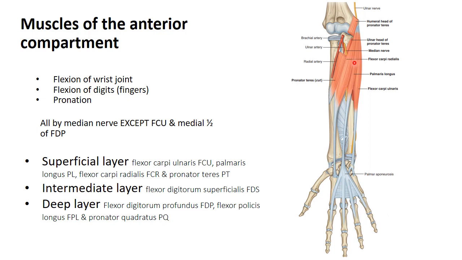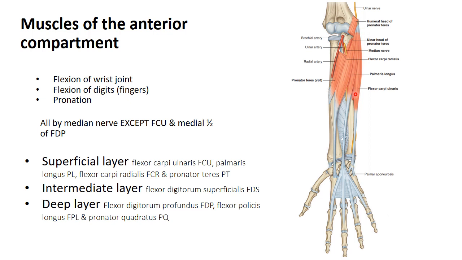The third characteristic is that the majority of the muscles in the anterior compartment take a common origin from the medial epicondyle. As we see, most of them take origin from a common origin from the medial epicondyle of the humerus.